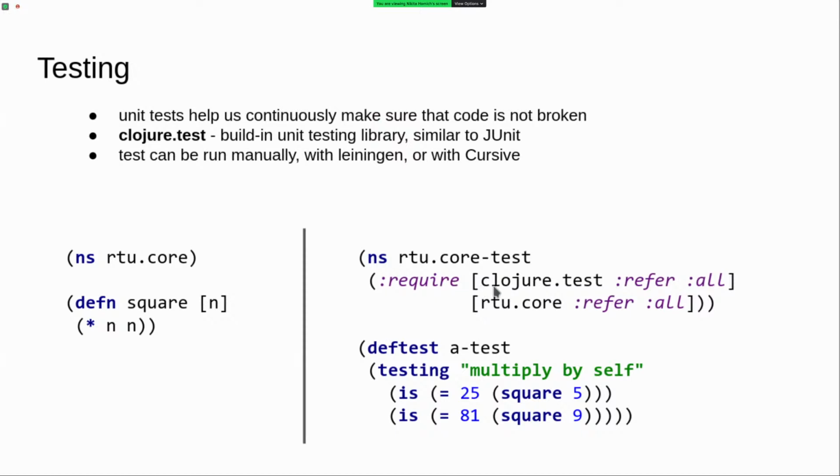It imports everything from our target namespace and everything from clojure.test. And then you can see a few examples of how we can test the square function. We provide some inputs and we assert that the result is what we expect.